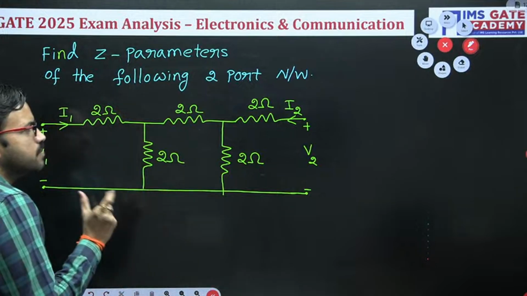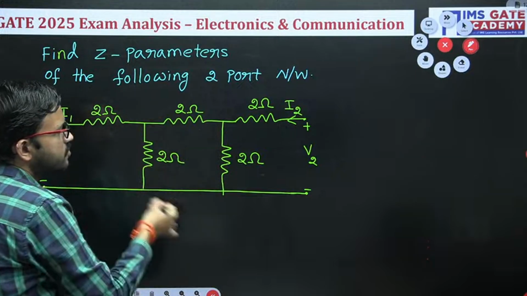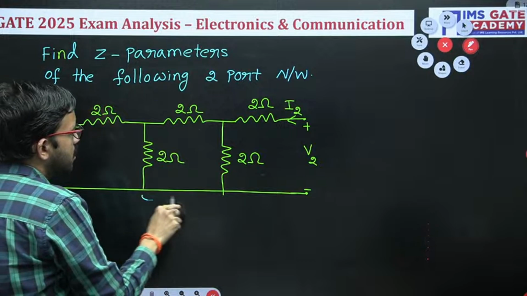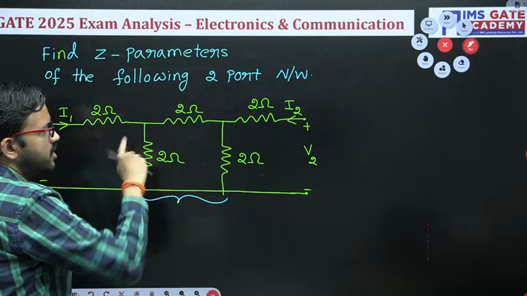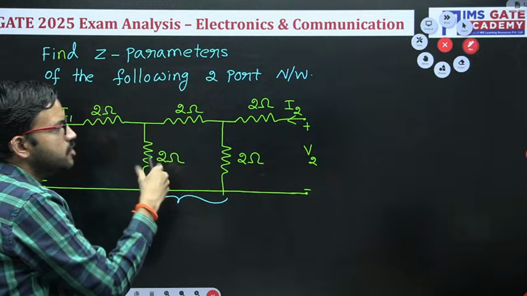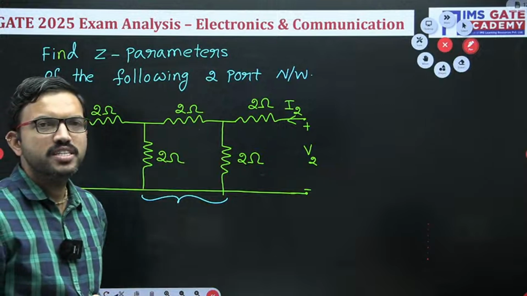It is a very simple network. Only here, you can observe that this part of the network is in pi shape, or pi network. If you convert this pi network into a T network, then you can easily find the Z parameters for the overall network.